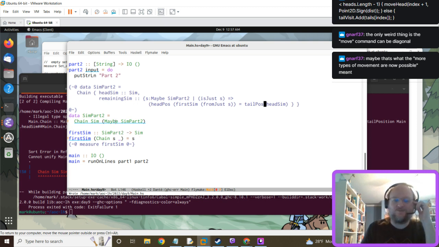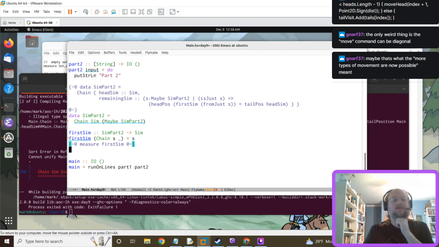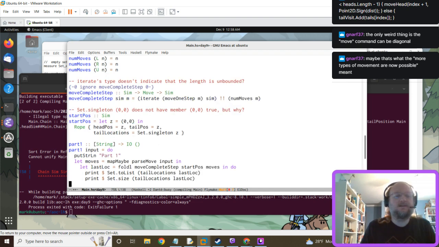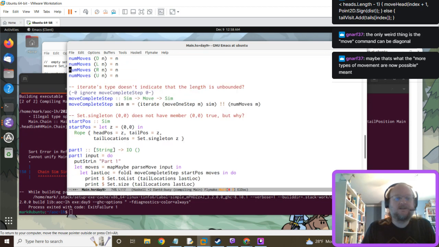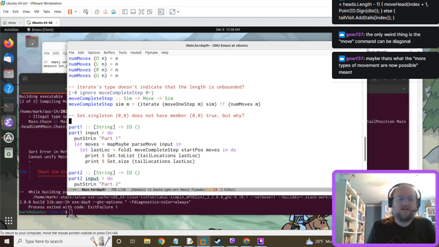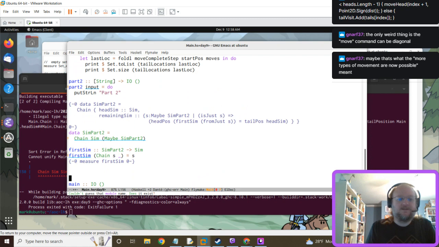Maybe the other way could have been made to work too, if we'd introduced this helper. All right, let's build. Let's build the start position.